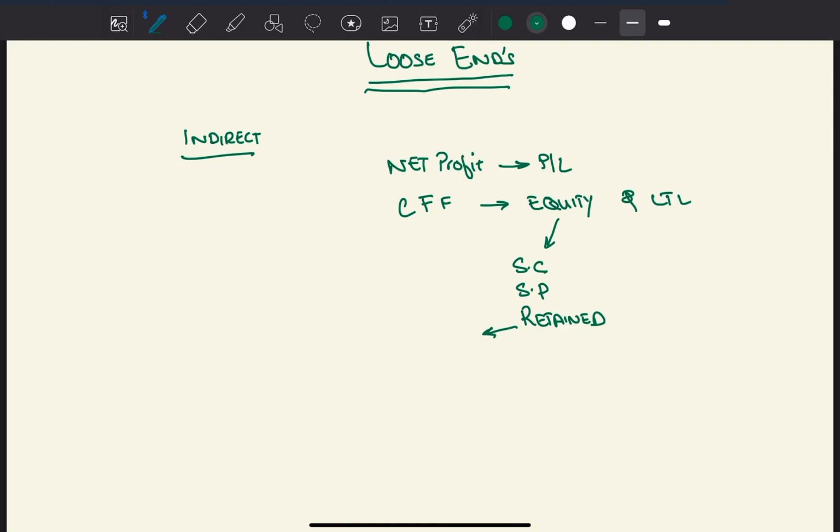When we are preparing the cash flow statement, we skip this portion, since the change in retained earnings from the last year is based on two things: how much net profit the company earned and how much dividend was paid out of it. Both are dealt with in cash flow from operations. Hence, when we are looking at equity and long term liabilities, we skip this.